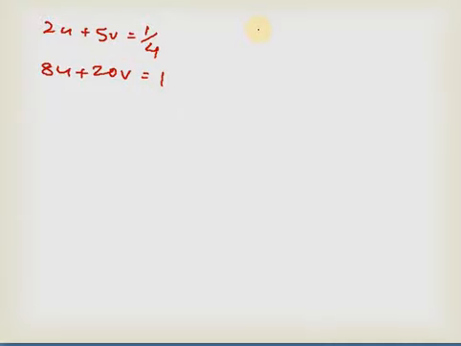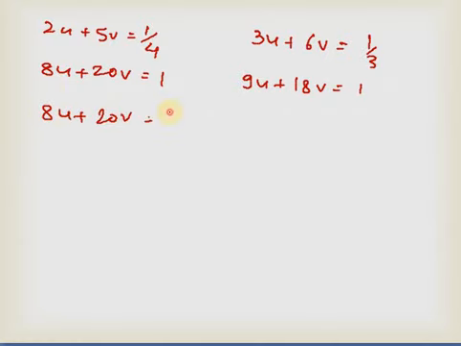Another equation was 3u plus 6v is equal to 1 upon 3, so I can write 9u plus 18v is equal to 1. So now we have 8u plus 20v is equal to 1 and 9u plus 18v is equal to 1.